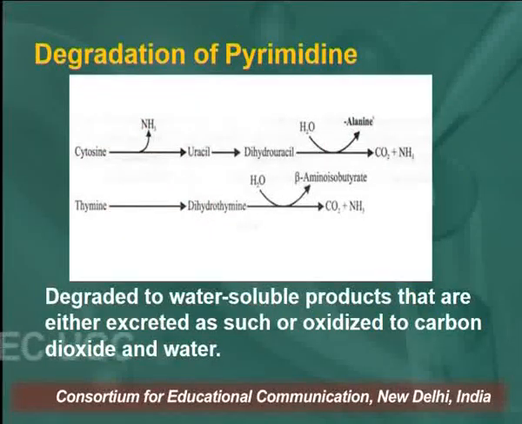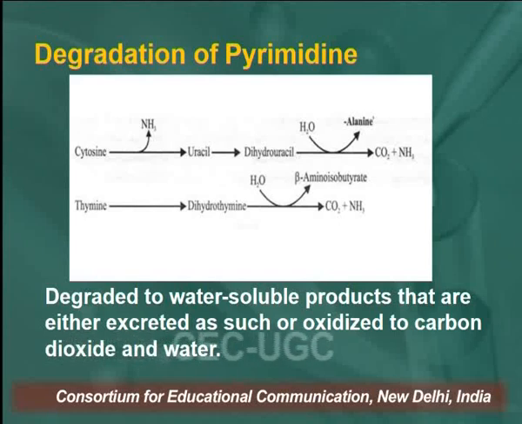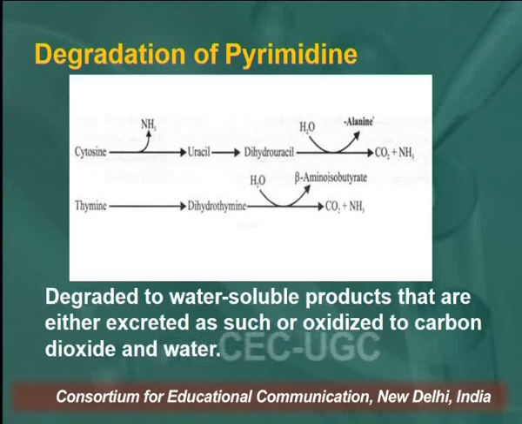Now, just as I told you that purines are degraded to uric acid, similarly pyrimidine bases are also degraded to water soluble products that are either excreted as such or oxidized to carbon dioxide and water. So, the end products of pyrimidine degradation are water soluble products, carbon dioxide or water.